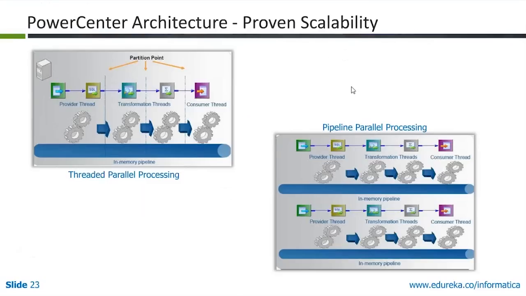Informatica provides cost-efficient and scalable infrastructure for their particular PowerCenter. PowerCenter architecture has been made like that. So we have got option for partitioning, which will enable you threaded parallel processing as well as in-memory pipeline.